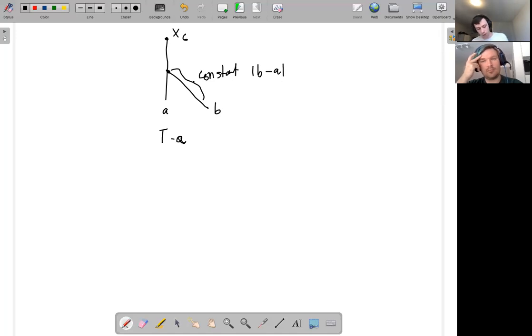And on this whole thing, the function of the value is just t, which is this radius. So maybe I shouldn't even use the t. It's just the radius function.